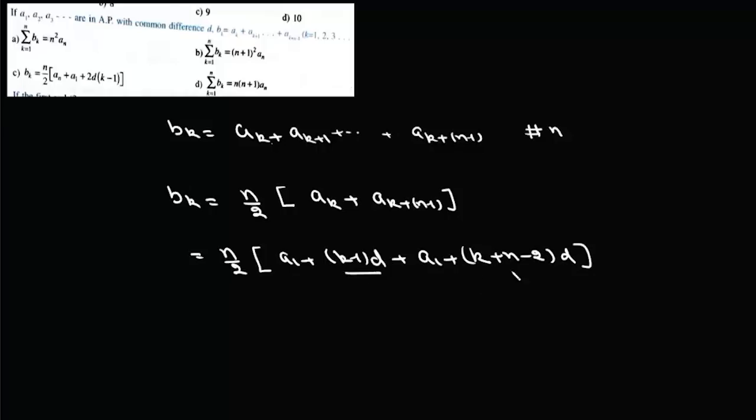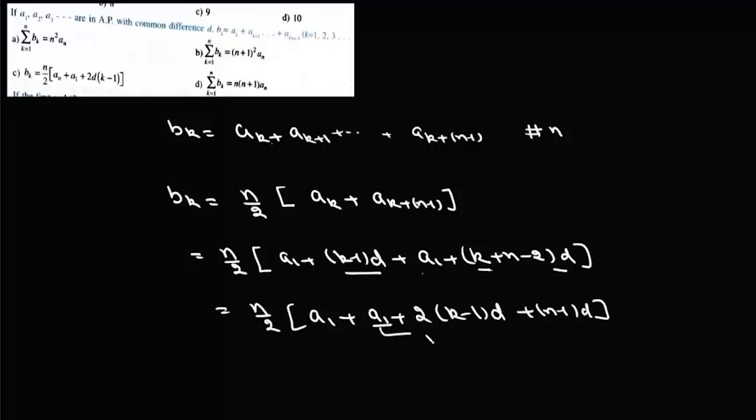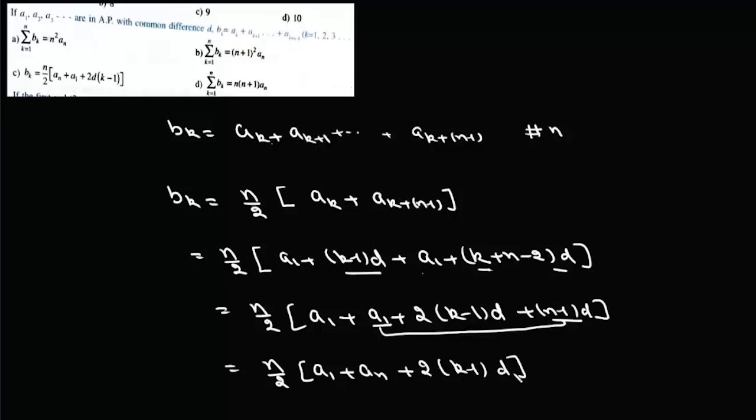Now we can take k minus 1 d and k minus 1 d here, so it will be n by 2 into A1 plus, we also have this A1 and then 2 times k minus 1 d, and what we are left with is n minus 1 d. Now A1 plus n minus 1 d is nothing but An. So we can write this as n by 2 into A1 plus An plus 2 times k minus 1 into d, which is your option C. So that's your option C.